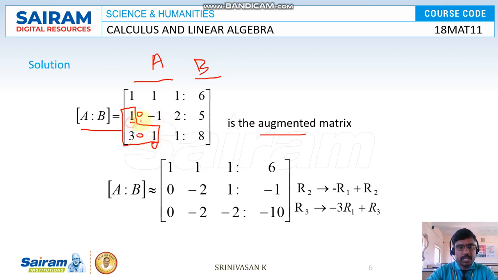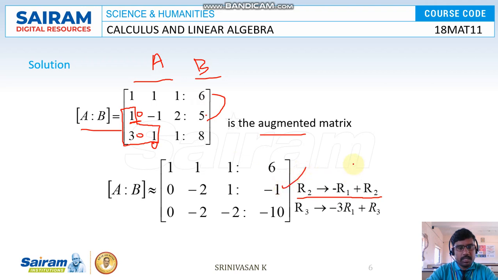First we have to make a zero here. Simply, I subtract: R2 minus R1. So 1 minus 1 is 0, 1 minus minus 1 is 2, wait, minus 1 minus 1 is minus 2, 2 minus 1 is 1, and 5 minus 6 is minus 1.